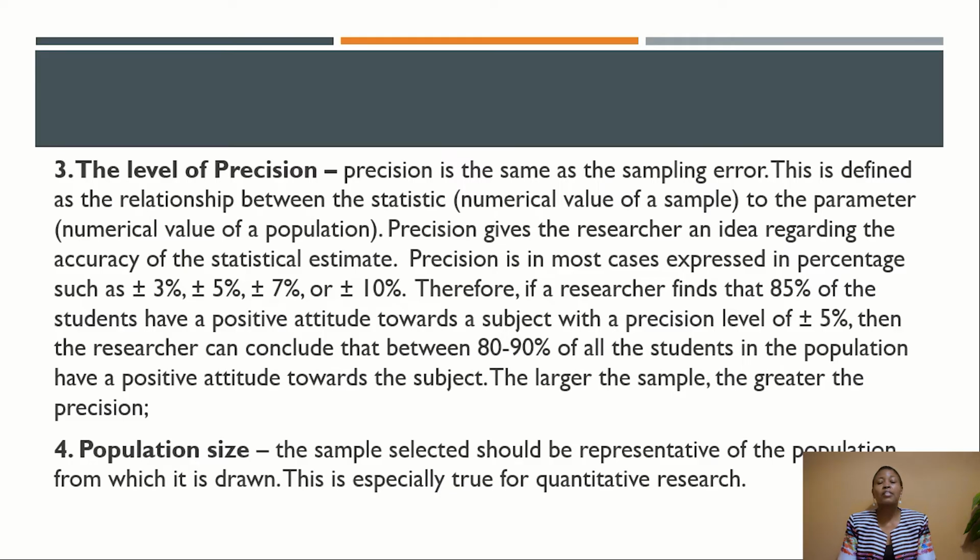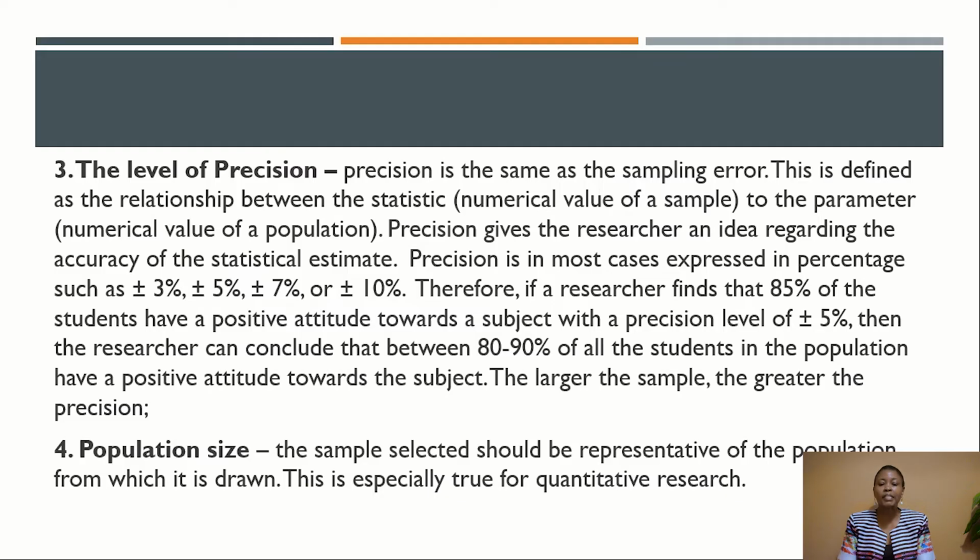Then we discuss the factor number 3, which is the level of precision. Precision is the same as the sampling error. Sampling error is defined as the relationship between the statistic, that is the numerical value of a sample, to the parameter, which is the numerical value of a population.